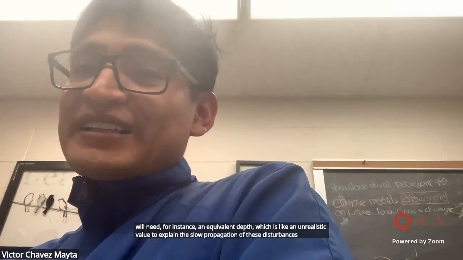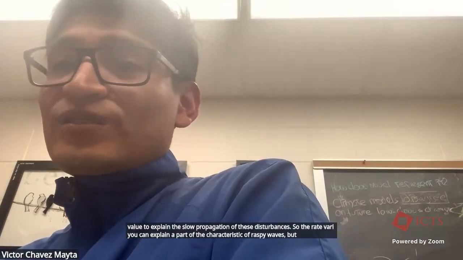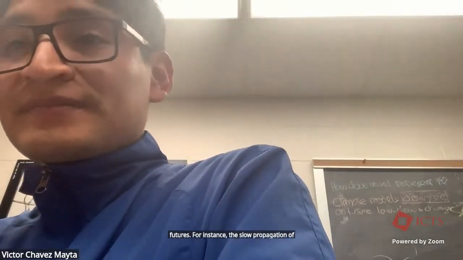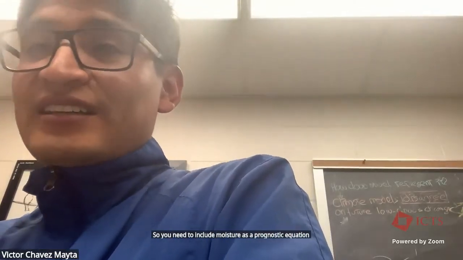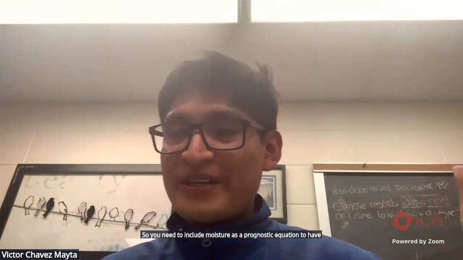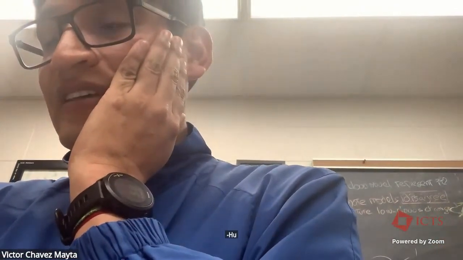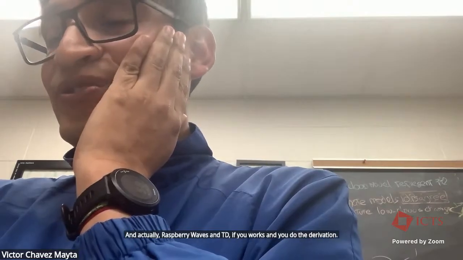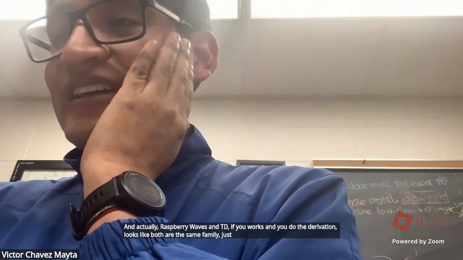So the dry theory can explain a part of the characteristics of Rossby waves, but it is not explaining all the features, for instance, the slow propagation of these disturbances. So you need to include moisture as a prognostic equation to have a whole panorama of what's going on with these kind of disturbances. Sure. And actually, Rossby waves and TDs, if you do the derivation, look like both are the same family. The MJO as well.